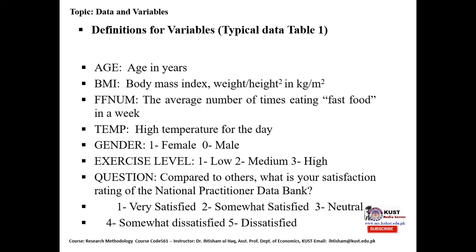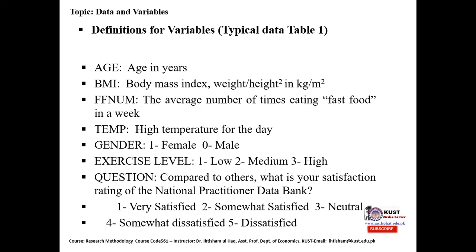Age, this is measured in years. Body mass index, this is the formula that how we can measure body mass index. And then we have the notation and denotation for each and every variable.